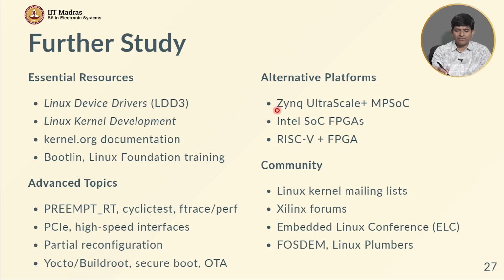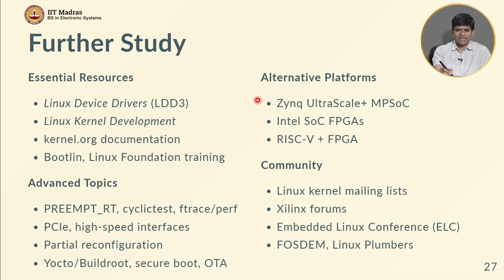What about alternative platforms? There are many variants. We've mostly looked at the basic Zynq, ARM plus PL. The UltraScale and the MPSoC, the multiprocessor systems on chip, are variants of that, very similar in behavior to the basic Zynq systems, but with more advanced features. Intel has their own variations on this. Well, now it's Altera, because Intel has again split off. Altera is the FPGA wing of things, and you also have a number of other companies that have RISC-V and FPGA combinations that they are bringing in.